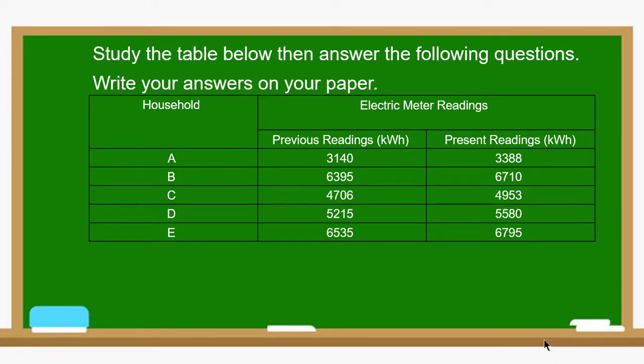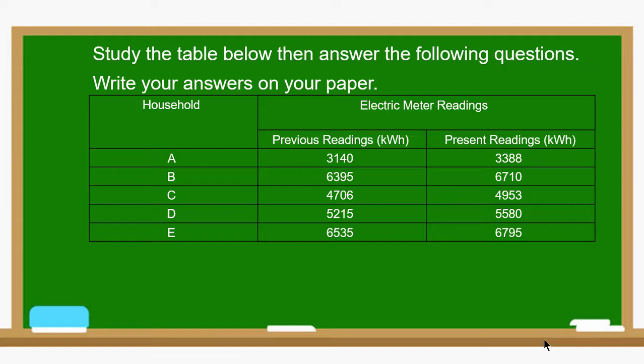We have here household A, B, C, D, and E. We have here their electric meter readings, the previous readings, and the present reading. Household A, 3,140 kilowatt hour, and the present reading is 3,388 kilowatt hour.